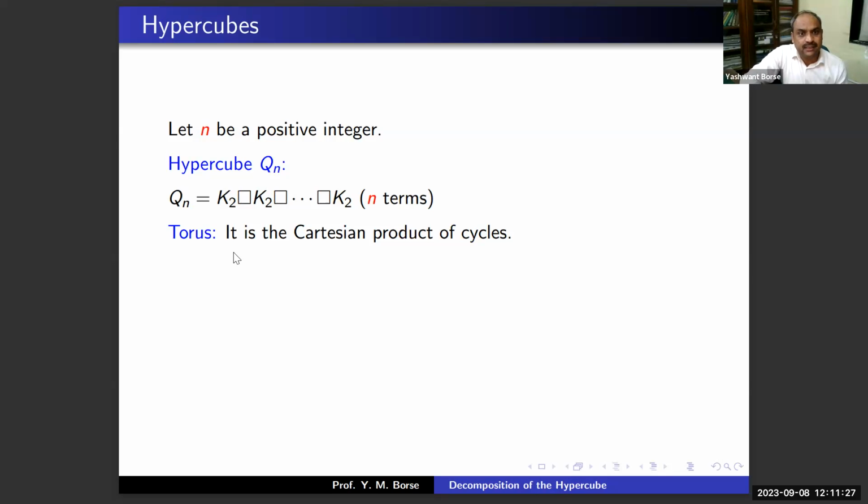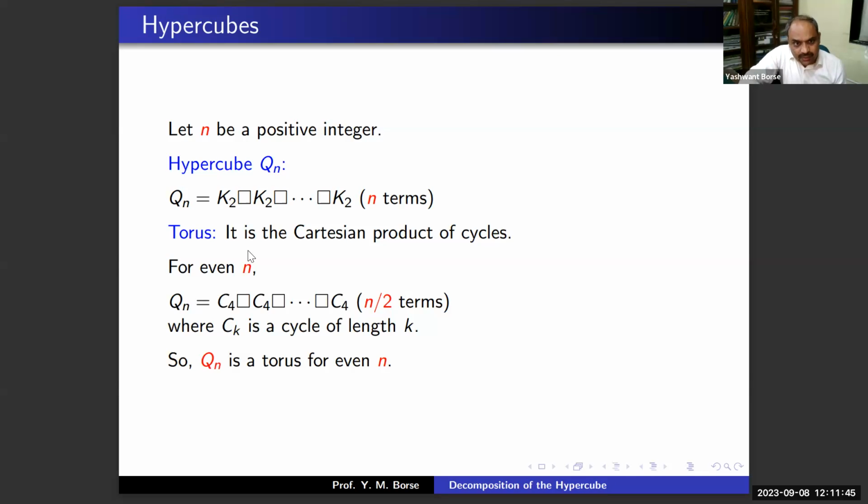There is a definition of torus also. The Cartesian product of cycles, suppose there are n cycles, so the Cartesian product of n cycles is generally called an n-dimensional torus. If n is even, then Qn can be written as the Cartesian product of C4s. How many? n by 2. Because K2 product K2 gives you one C4, right?